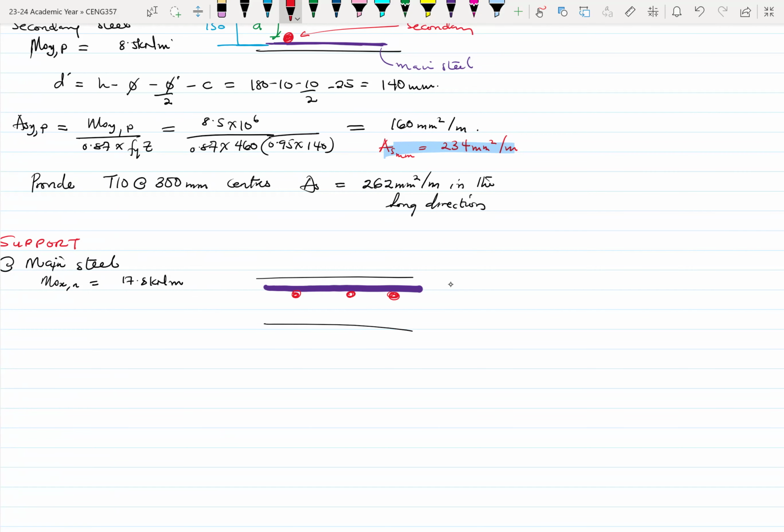For what we did with regards to the midspan calculations.